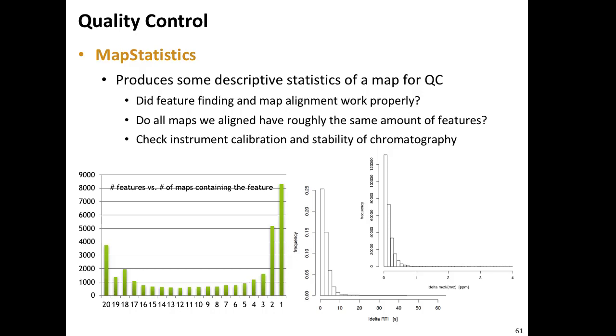Who would have thought that the highest peak in this distribution would be at 1? What does that mean? What does 1 mean? Well, 1 means the vast majority of features is found in a single map and a single map only. It's found nowhere else.